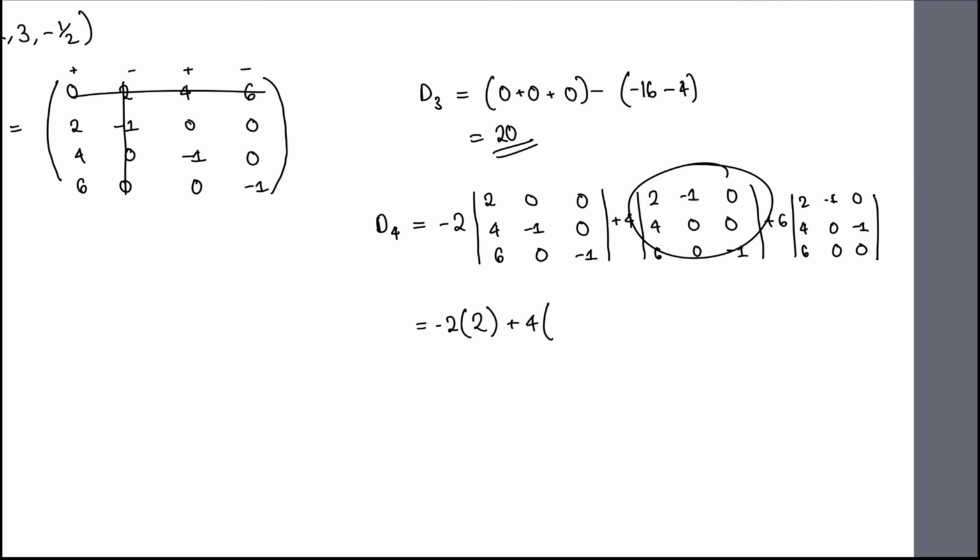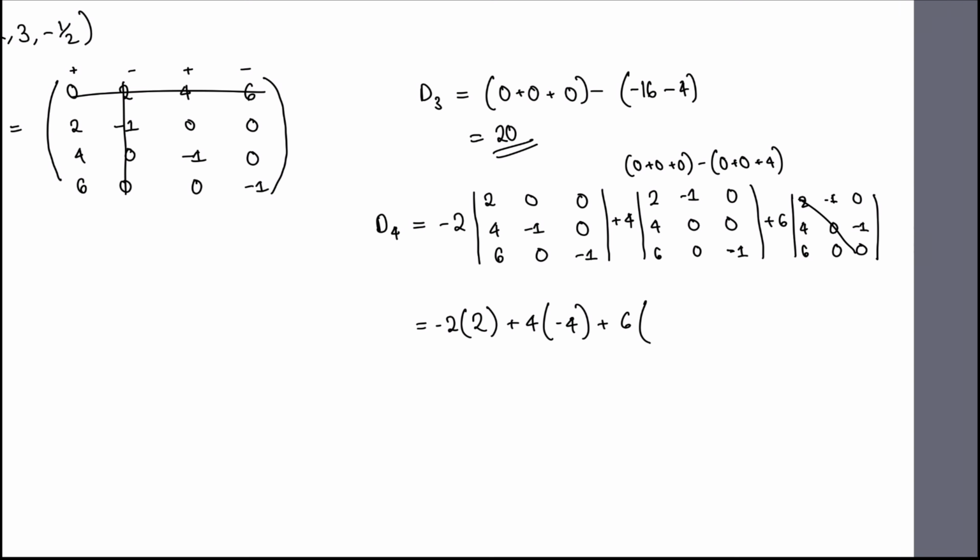Now working out the determinant of this gives us 0, these multiplied together give us 0, this multiplied together gives us 0, this multiplied gives us 0, this multiplied gives us 0, and then minus 1 times 4 times minus 1 is 4, but we need to minus that 4 from the rest, so we get minus 4. If that didn't make sense, that's because we are basically doing 0 plus 0 plus 0 minus 0 plus 0 and then plus 4, so it ends up that is minus 4 as the determinant.